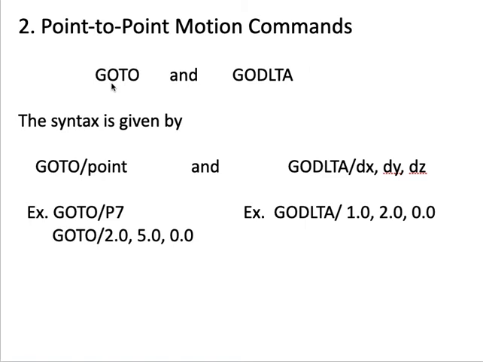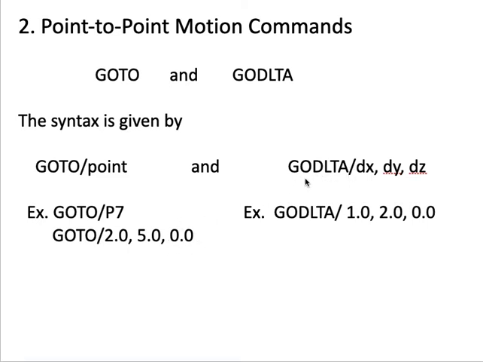The syntax is GOTO slash point, for example GOTO slash P7, or GOTO slash 2.0 comma 5.0 comma 0.0. In the second statement, the tool has been instructed to go to the location whose coordinates are x equal to 2.0, y equal to 5.0, and z equal to 0.0.